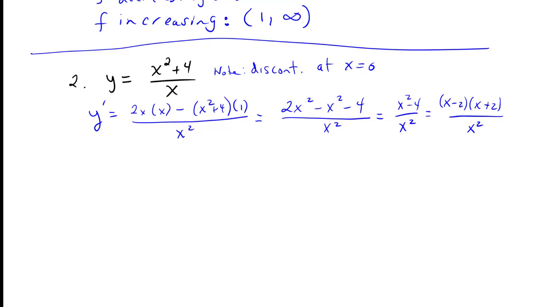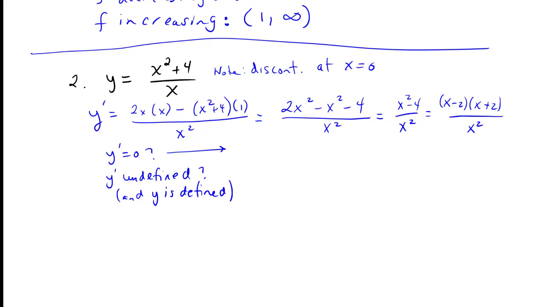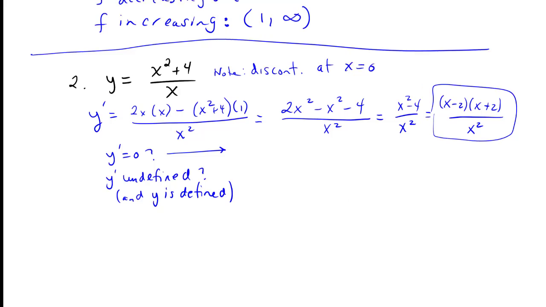Okay, so again, I want to know two things. I want to know where the derivative is 0, and where the derivative is undefined and y is defined. So the derivative being 0, I can see from my derivative here.